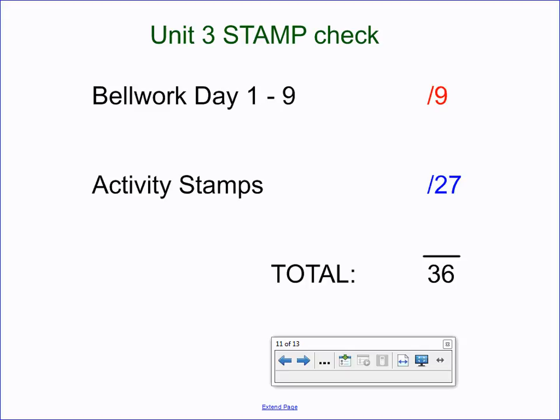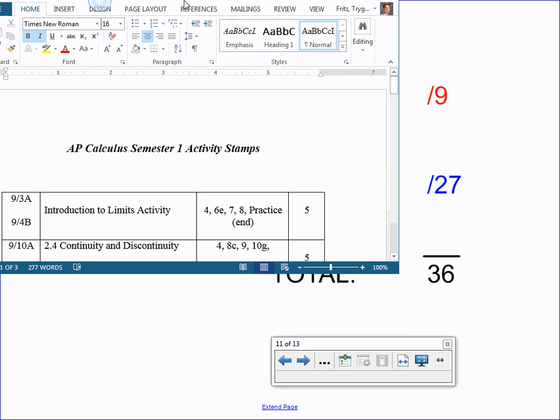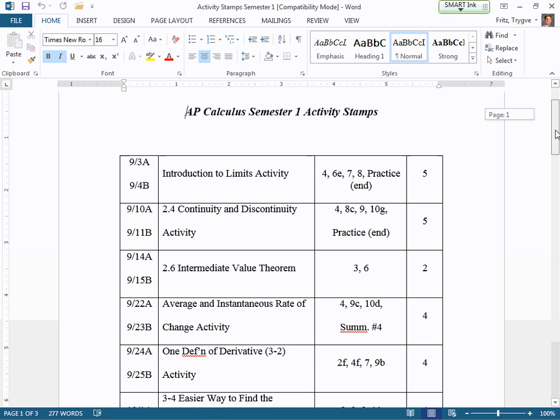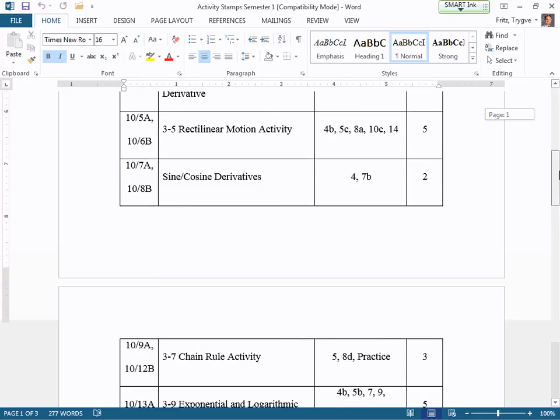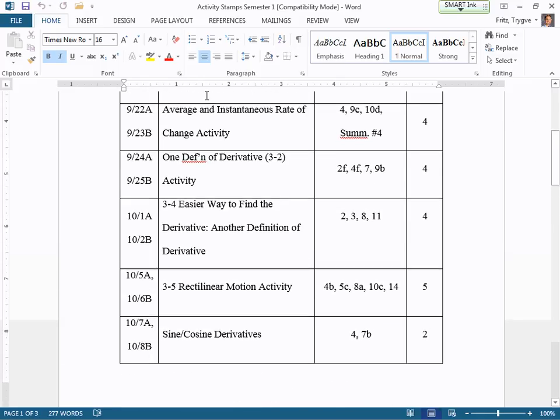And so, bless you. So I'm going to pull that over so you can look at that. And as we look at our activity stamps, those started with our average versus instantaneous rate of change activity.